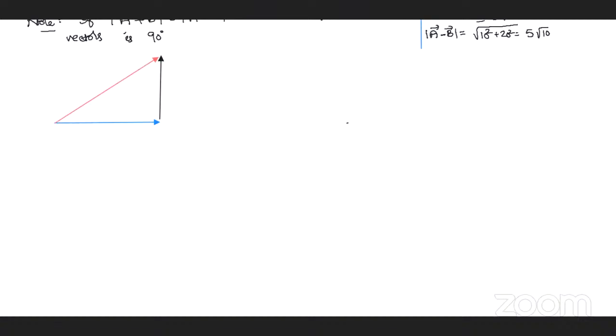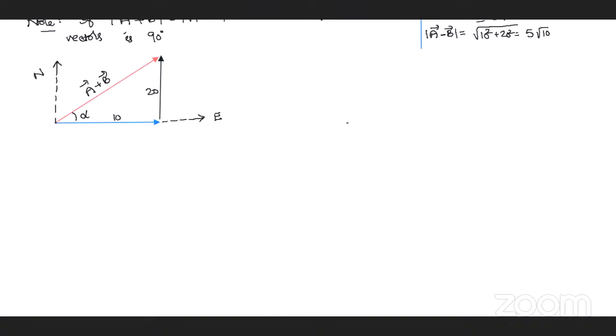The magnitudes are given as 10 and 20. Here we are going to find first the direction. As I said previously, this is the eastwards direction, geographic east, and this is northwards, geographic north.